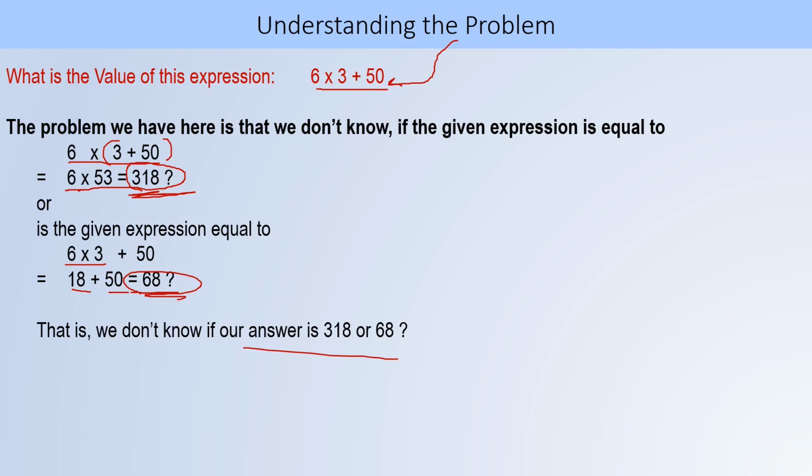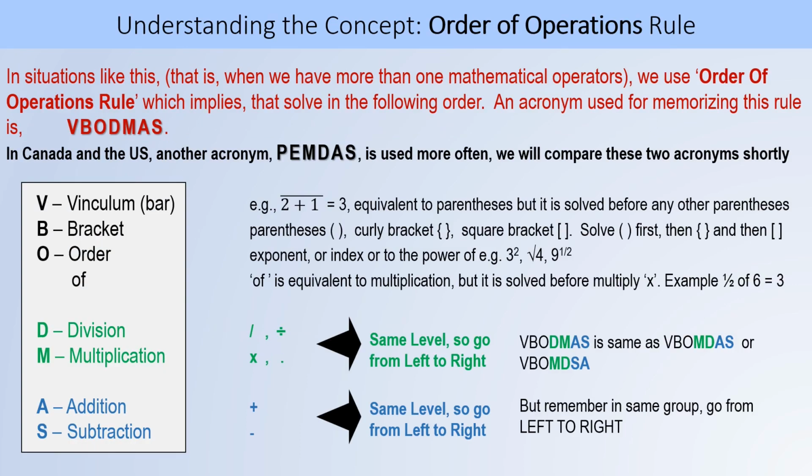Which is the correct answer? So in order to know the accuracy, we follow some rules or guidelines, and these rules are called the order of operations. The order of operation is that we should first solve the vinculum bar, then the bracket, and so on. And in order to memorize that order of operation, we have developed an acronym called VBODMAS.